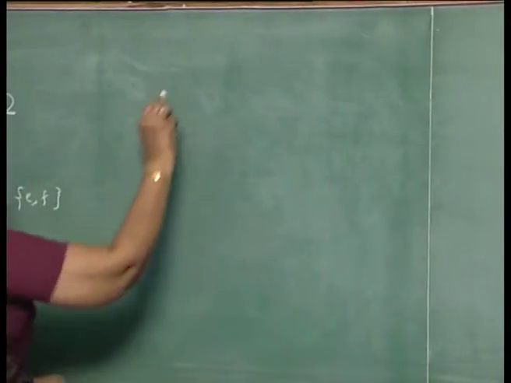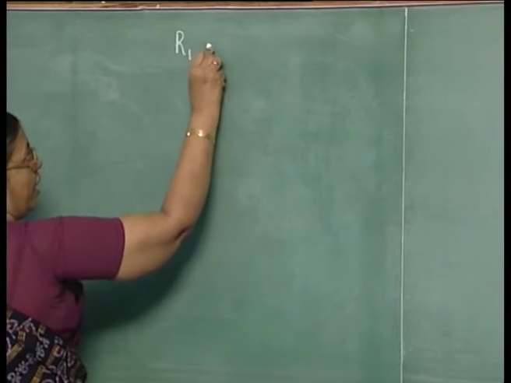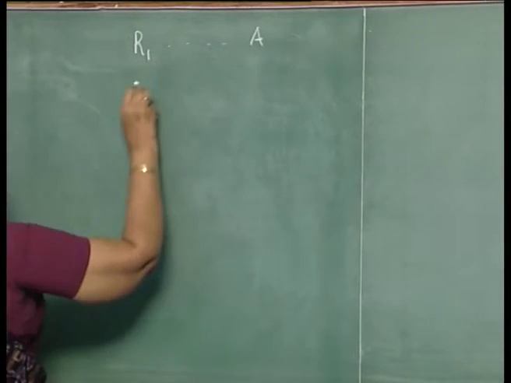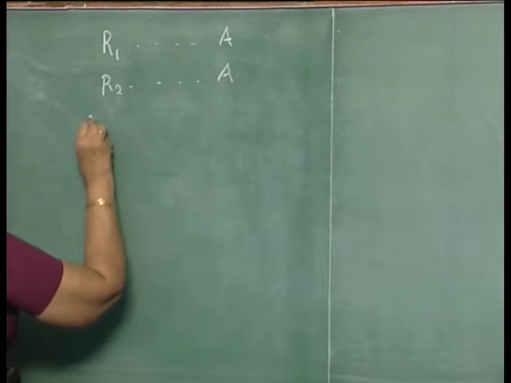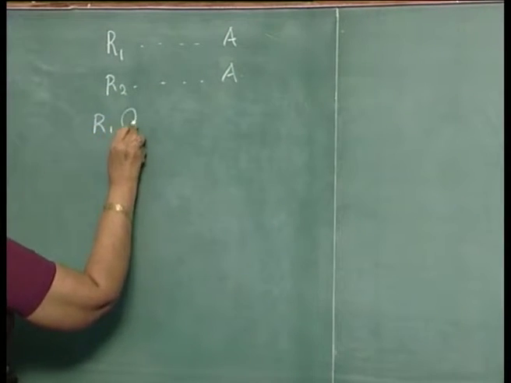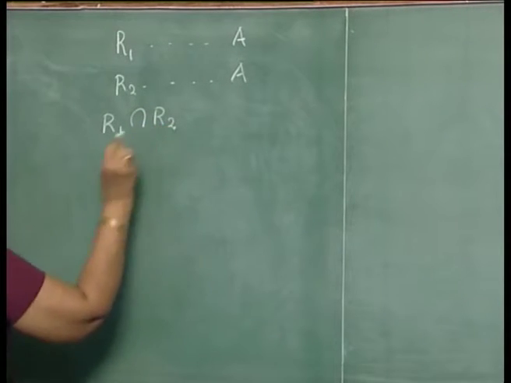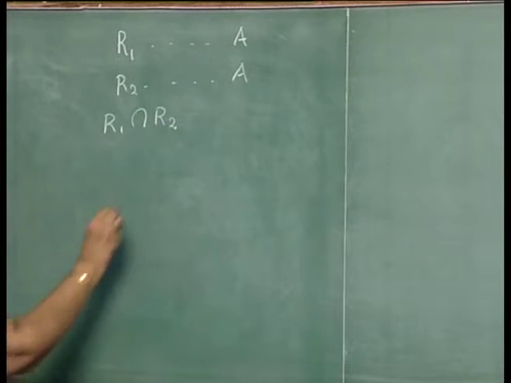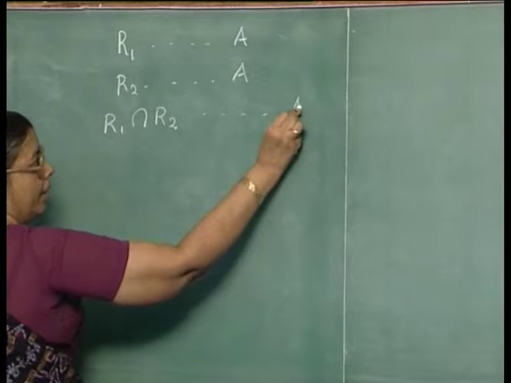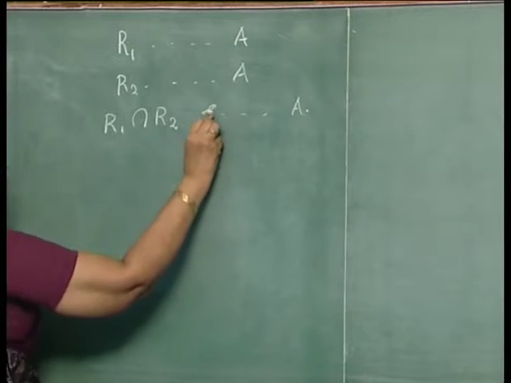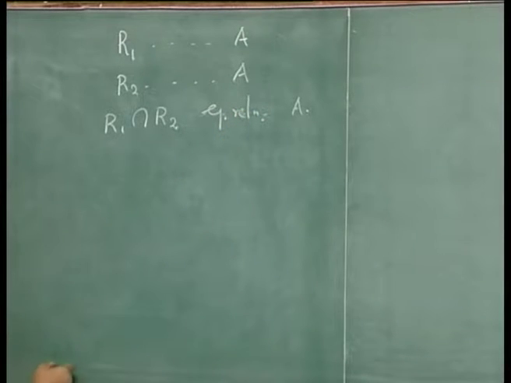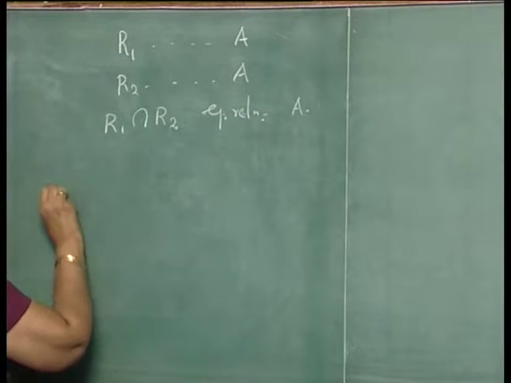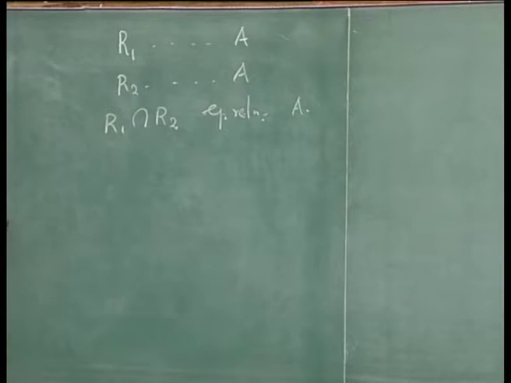So, R1 is an equivalence relation on A, R2 is an equivalence relation on A, and what can you say about R1 intersection R2? This is also an equivalence relation on A. Let us take as an example the previous one.